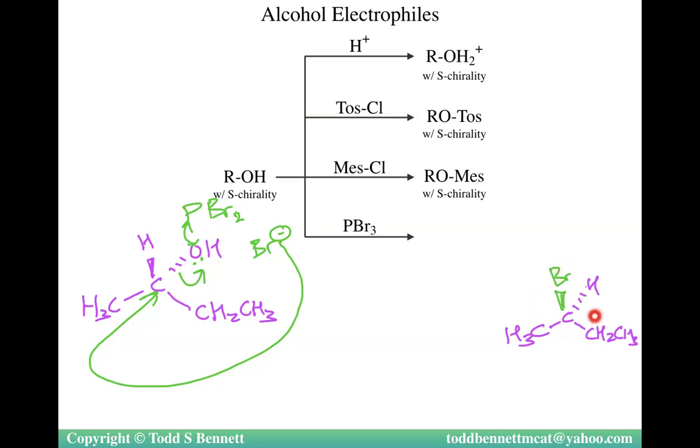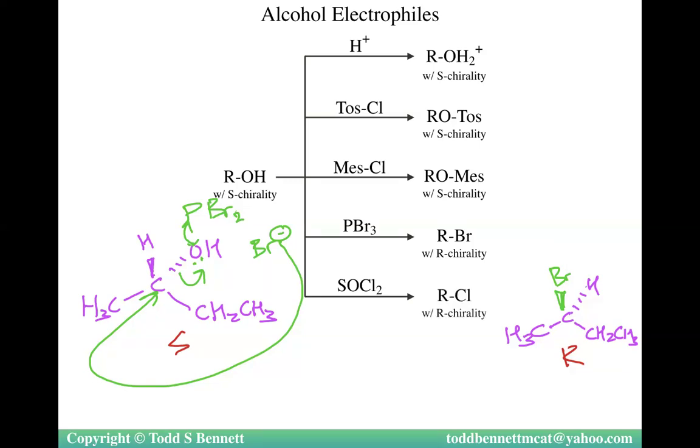So now 1, 2, 3, H is now back. It just went from S to R because of that inversion. So you end up getting chiral inversion. And if you use SOCl2, it's going to be a similar thing. The oxygen attacks the sulfur, kicks out the chlorine, which comes into the backside and knocks it out.